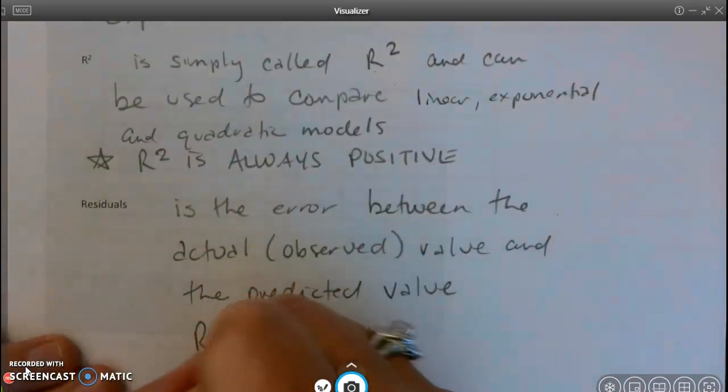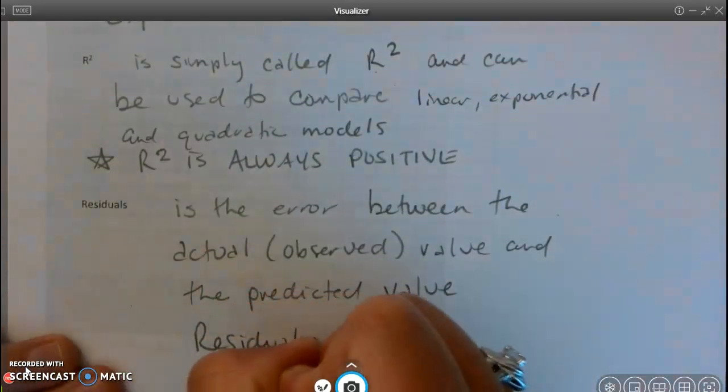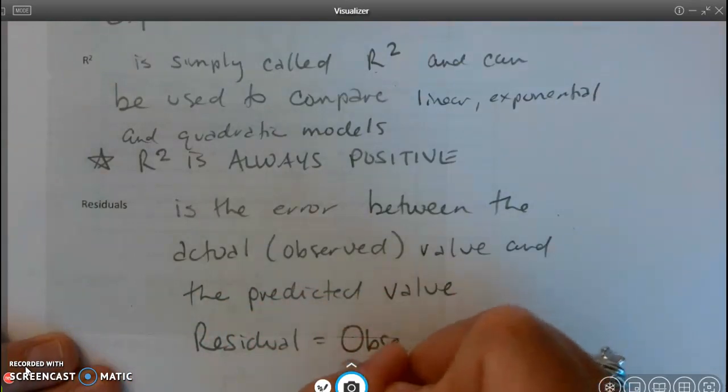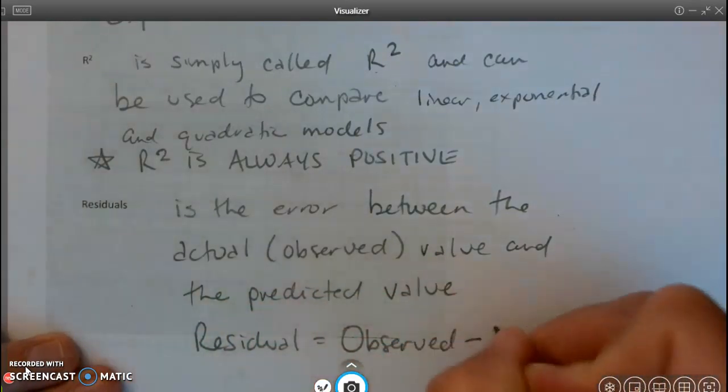So residual equals observed minus predicted.